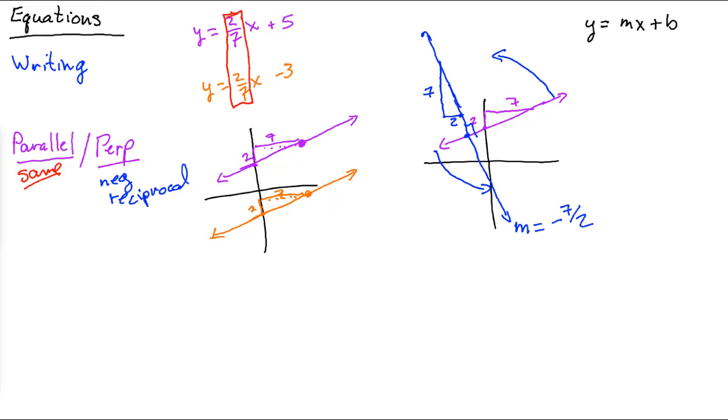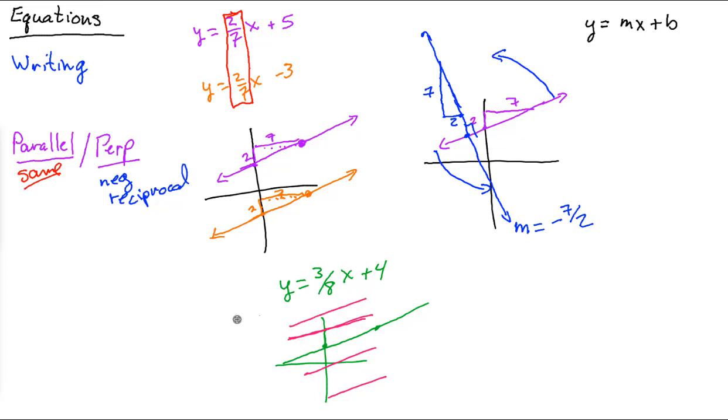Let's do another example really quick. If you had something like y equals 3/8 x plus 4, well, that's up here starting at 4, and then you go up 3 over 8, and it would look just like that. Every other parallel line would have to have a slope of 3/8. Oh, I didn't draw it very parallel. That's what I meant.